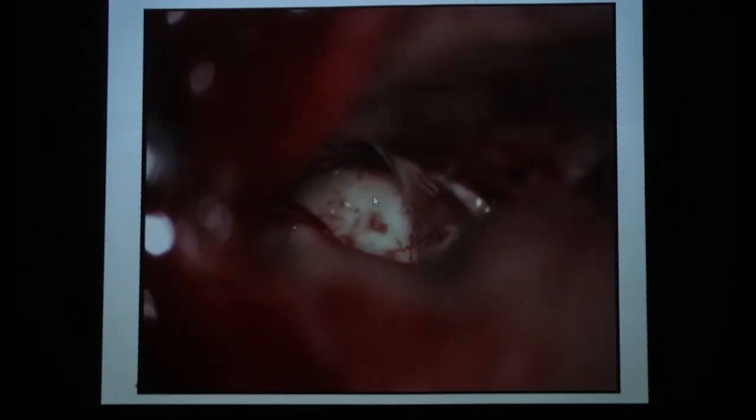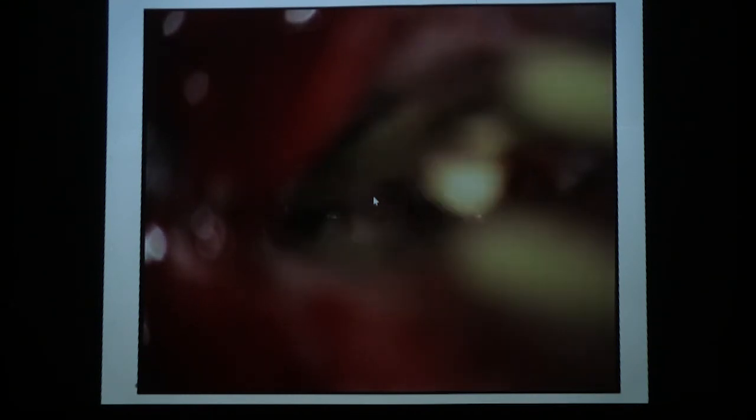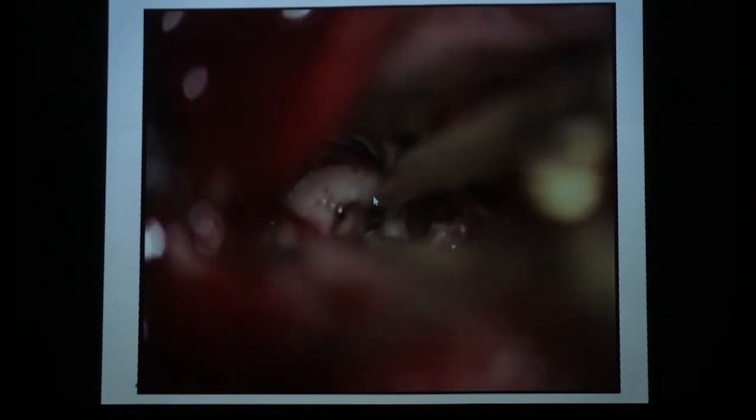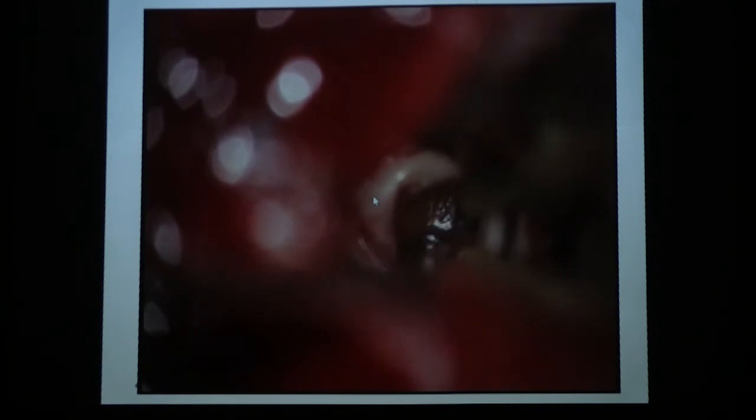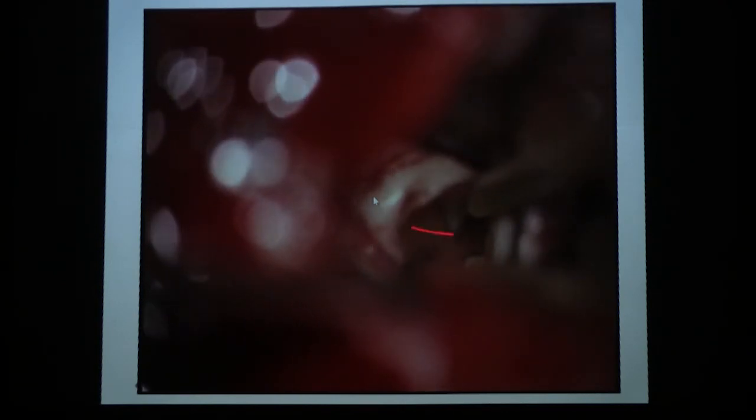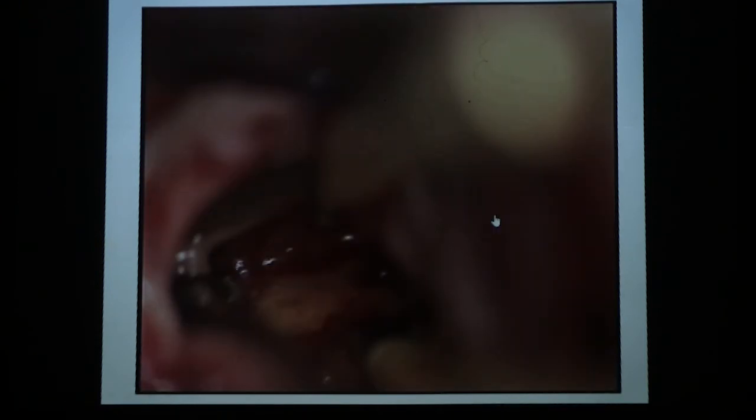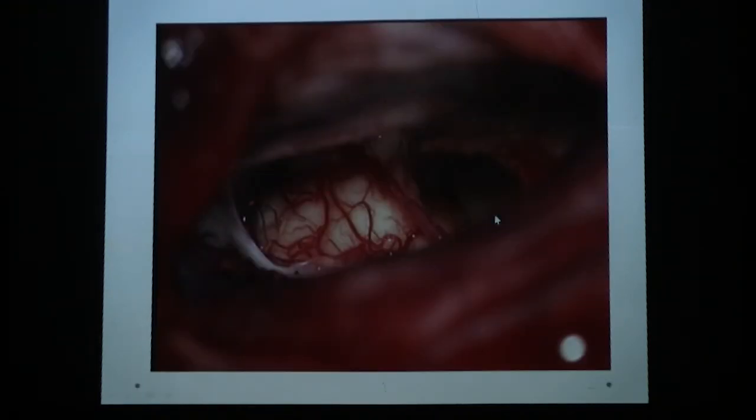And the cyst provides exactly the corridor. And if you remember the image, you are directly in line with the tumor, which is at the top of the cyst, just across the cavity. So it's already the tumor. That's it. This is at the end of the surgery. You see how the tentorium is cut.